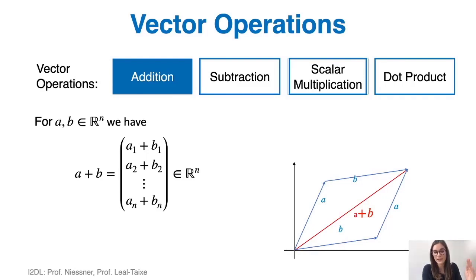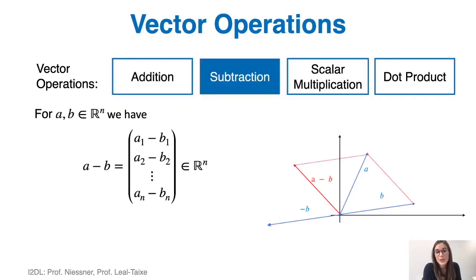First, we take the vector A, and after that we concatenate the vector B, which then results in the red vector here given by A plus B. You can also do it the other way around, start by taking the vector B and then concatenate the vector A, which gives you exactly the same. Because these are exactly the same, we can see that the addition is a commutative operation.